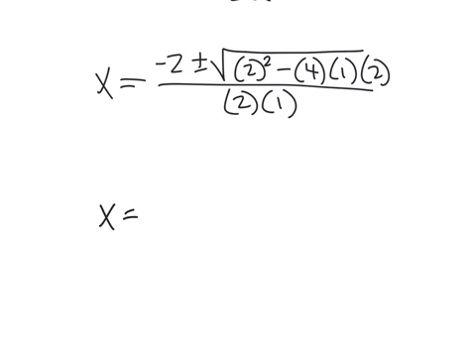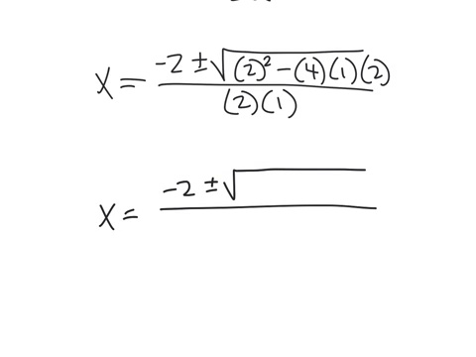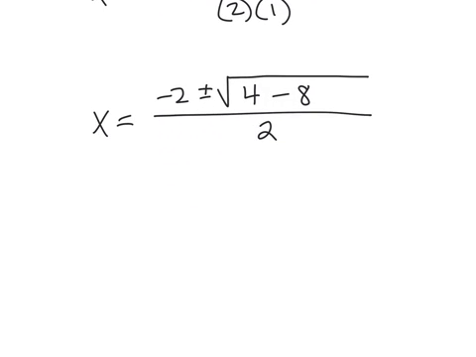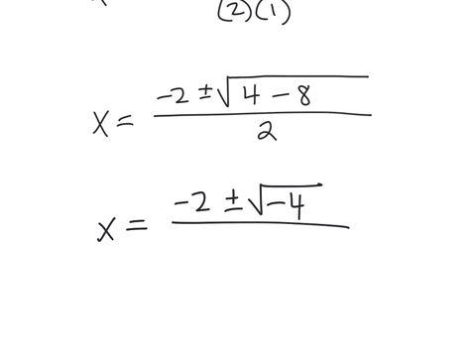So it becomes x equals, so this is negative 2 plus or minus the square root of 4 minus 8 over 2. And automatically I can see that it's not going to work, right? So I'll show you why. This becomes negative 2 plus or minus the square root of negative 4.